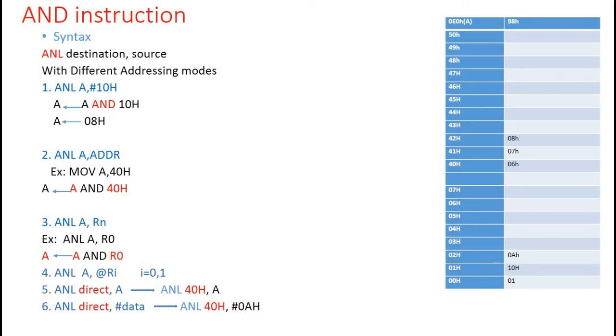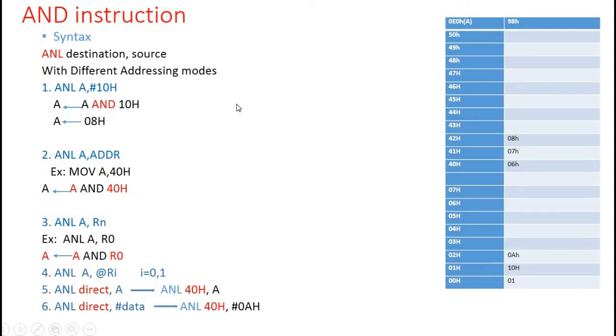In the accumulator the data stored is 98H. When the processor executes this instruction, it will get the data from the accumulator, do the AND operation with 10H, and after the operation the result will be stored in the accumulator.